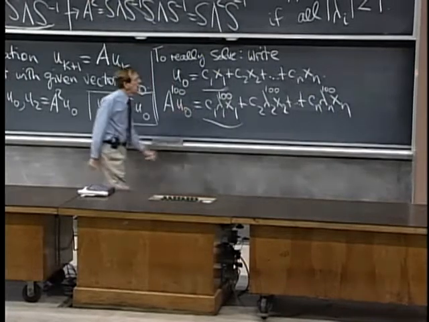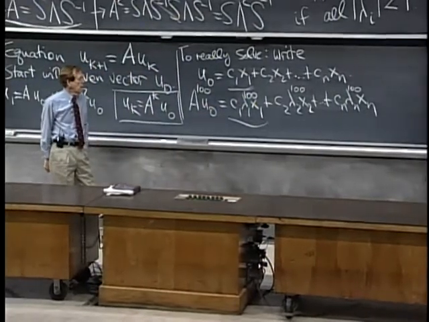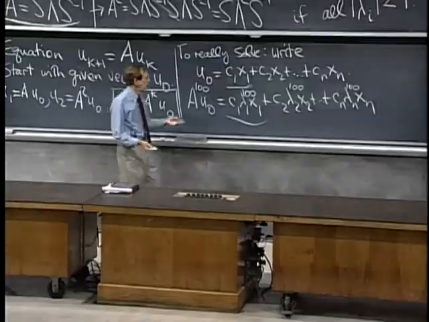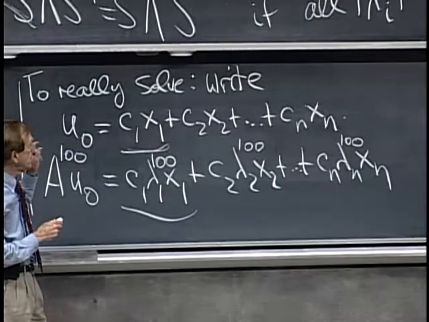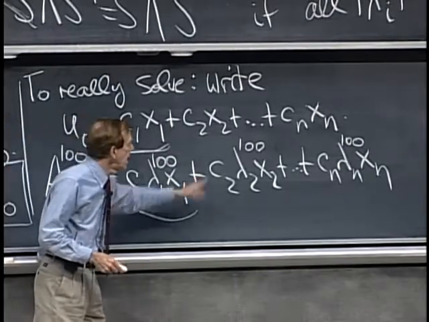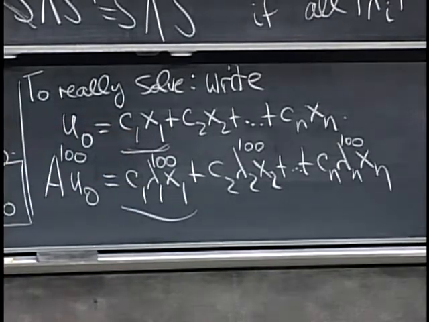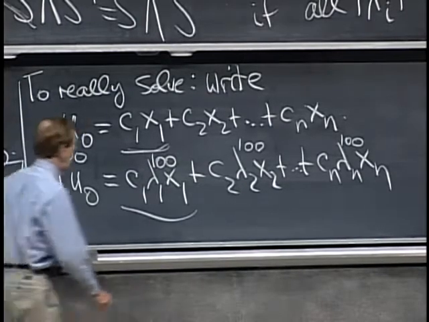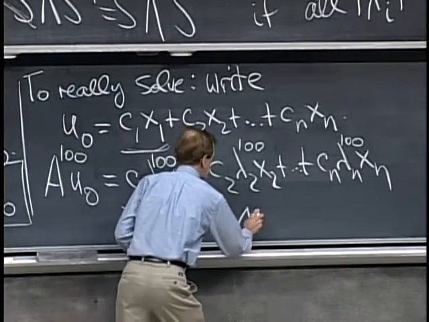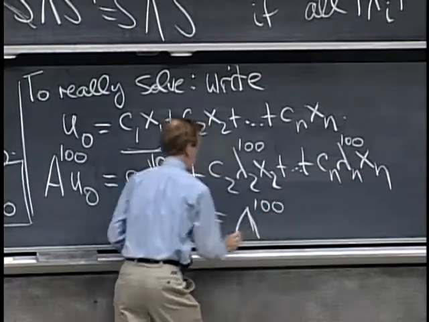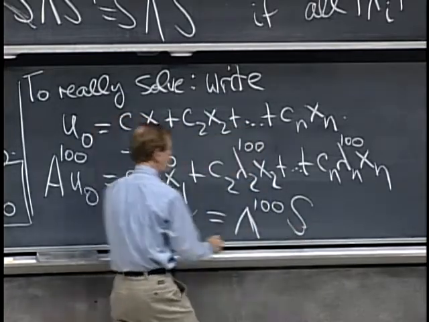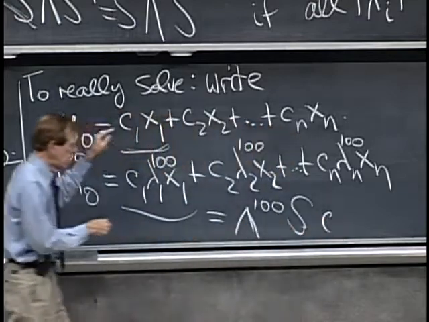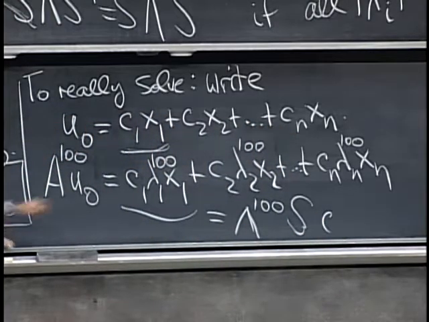Actually, what are we seeing here? We're seeing this same capital lambda to the 100th, as in the diagonalization, and we're seeing the matrix S of eigenvectors. That's what this has got to amount to: S times lambda to the 100th power times this vector c that's telling us how much of each one is in the original thing.